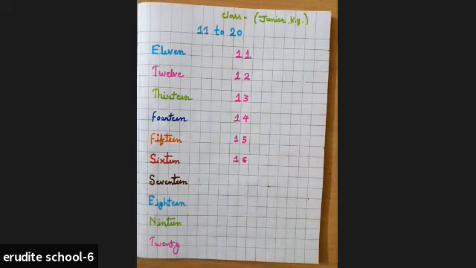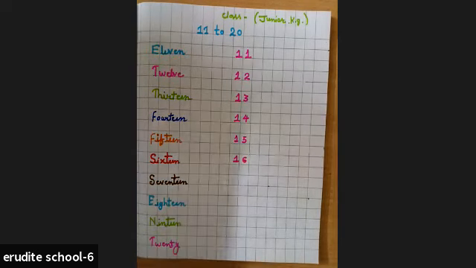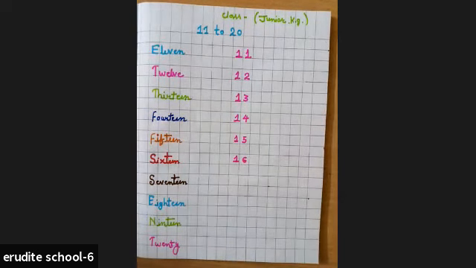S I X T E E N. 16. Okay, beta. You write in your notebook, Manvi? Yes, beta. Okay, very good.